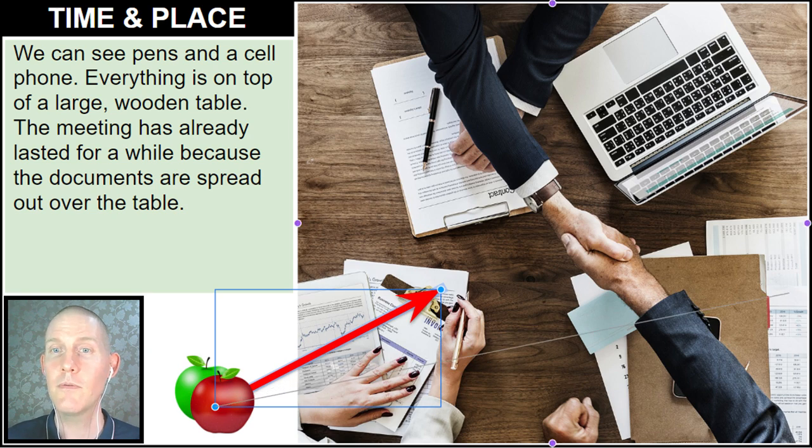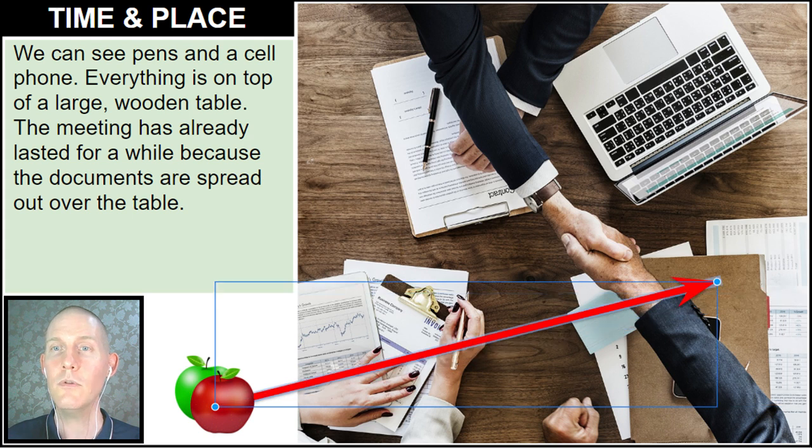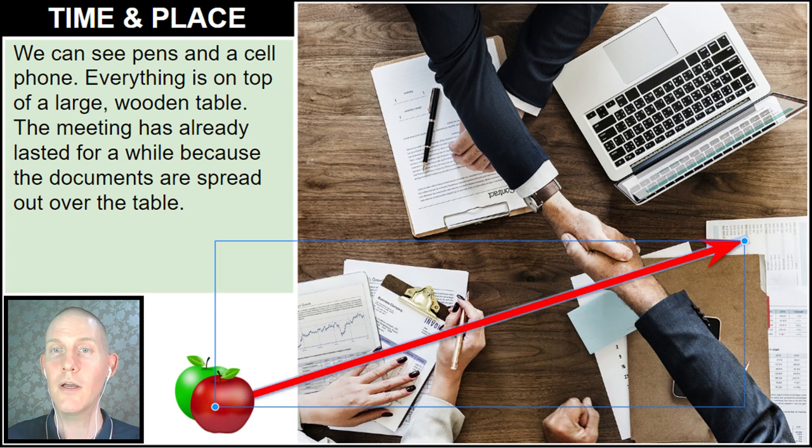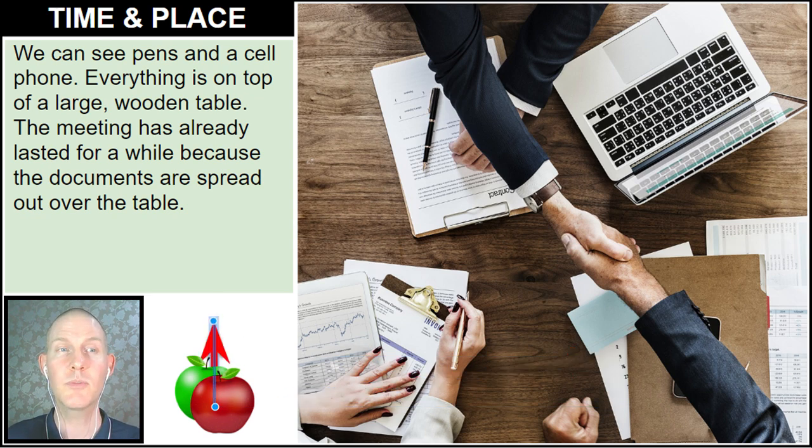And then maybe when they started, all of these documents were inside the folder. But now they're all spread out over the table because maybe they needed to reference those documents or talk about specific things from those documents. So if things are over the table, it makes me think that they've been meeting for a while. If they had just arrived, things would still be very organized in front of them.